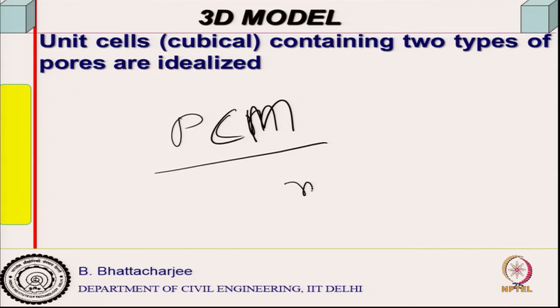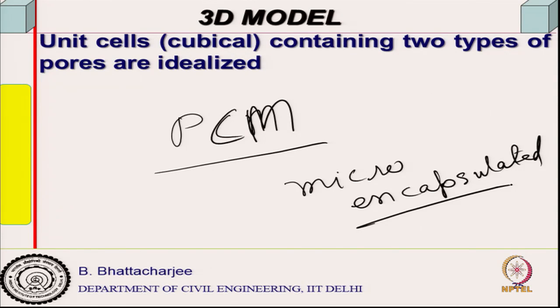So, they are micro encapsulated, they are very small in size. Now, what will you have? You will have wax or some phase change material, and you have to have a thick layer outside of the encapsulation, which is polymeric.